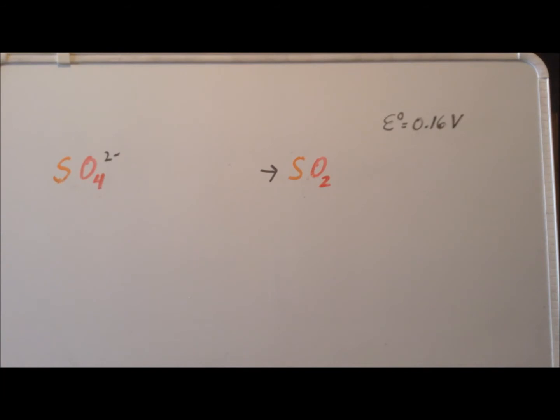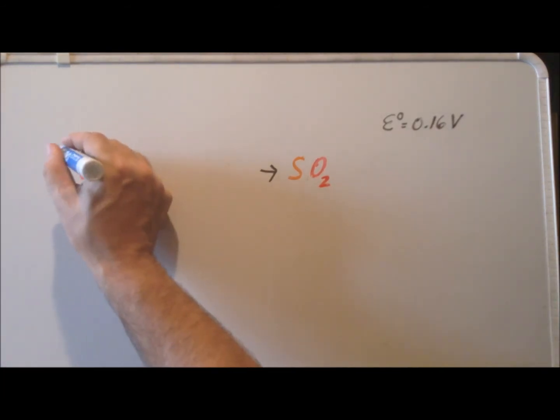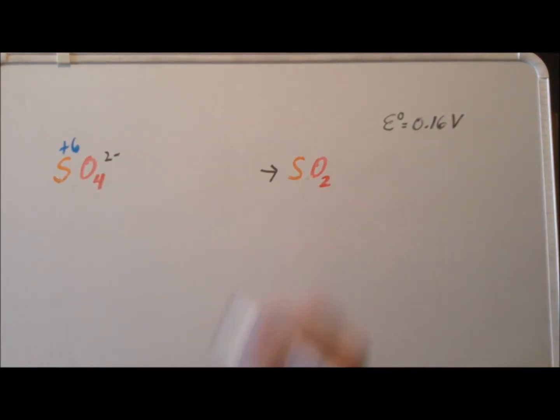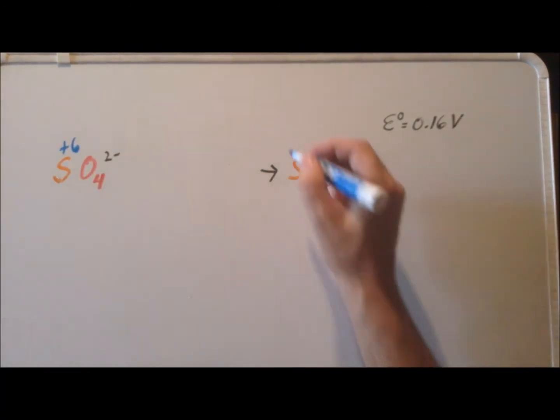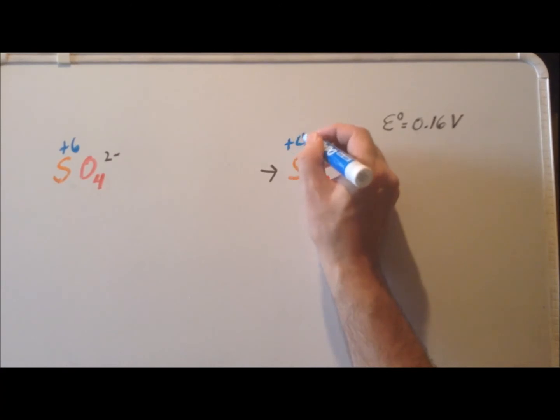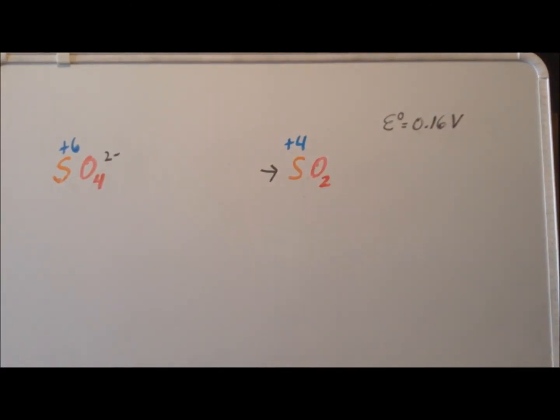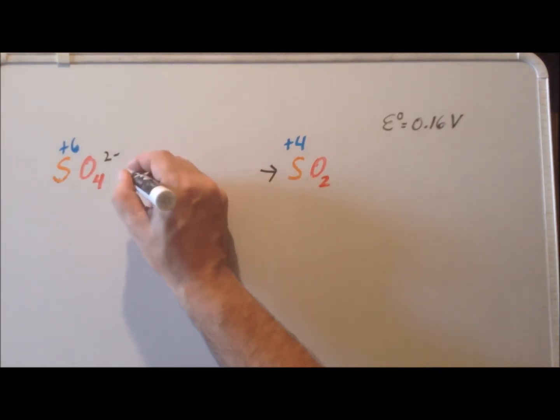We've already seen that in sulfate ion, the oxidation number of sulfur is +6, and that in sulfur dioxide, the oxidation number is +4. Notice here, we only have 1 sulfur atom on each side, which makes things at least a little bit different, a little easier. So to go from +6 to +4 for 1 atom, or 1 ion if you want to say it that way, requires 2 electrons, so we need 2 electrons.